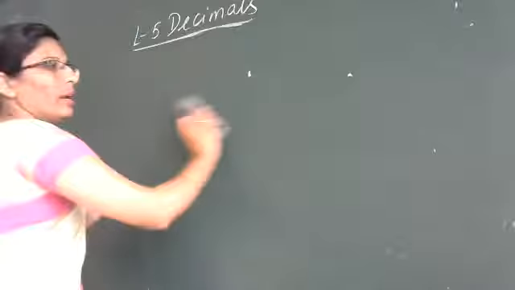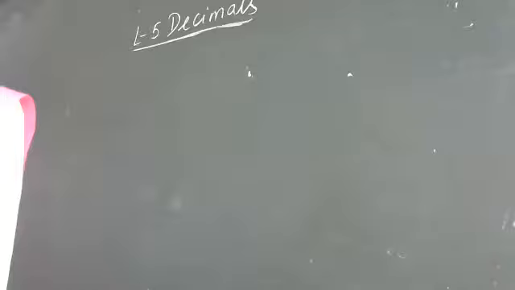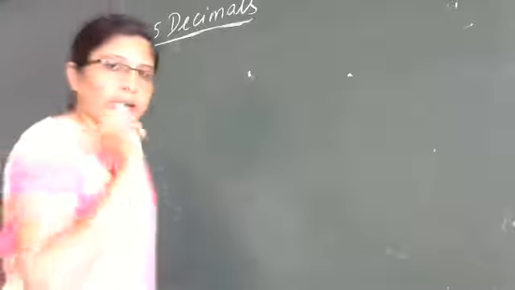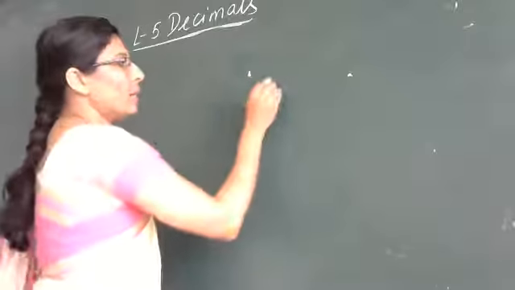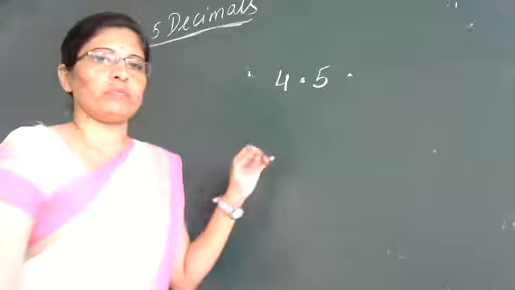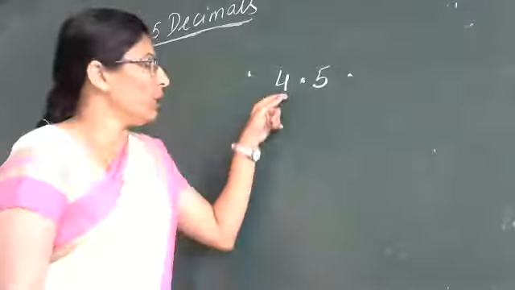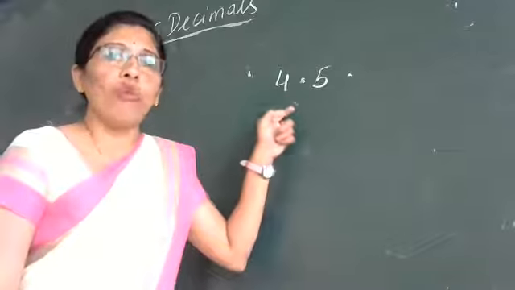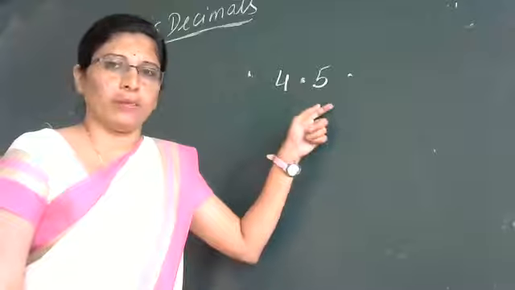Okay. So, now we will see how we have to read and write the decimals. Now we will see reading and writing of decimals. So there are two methods. Now for example, this is 4.5.